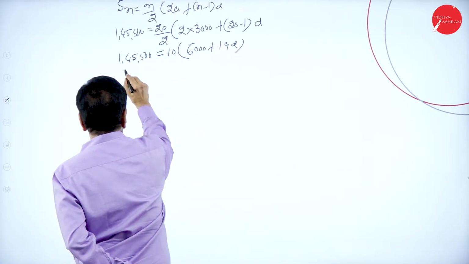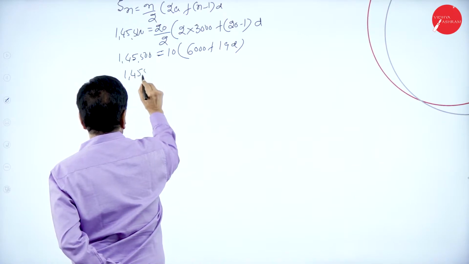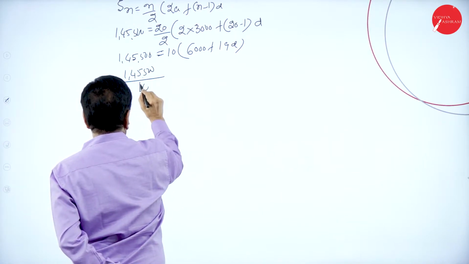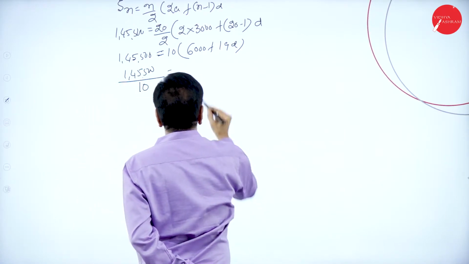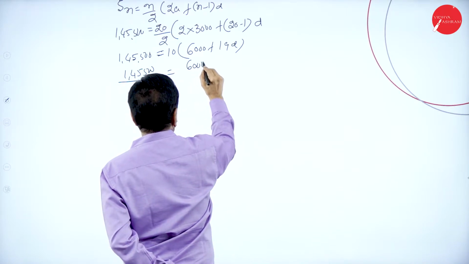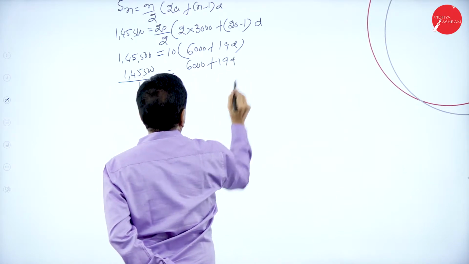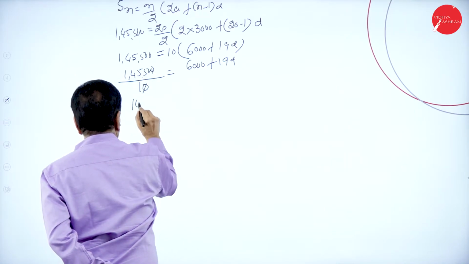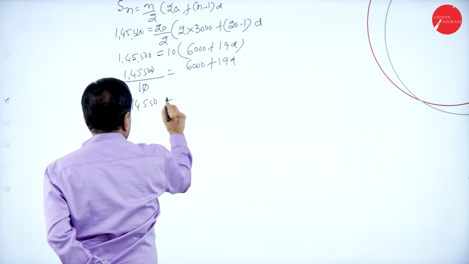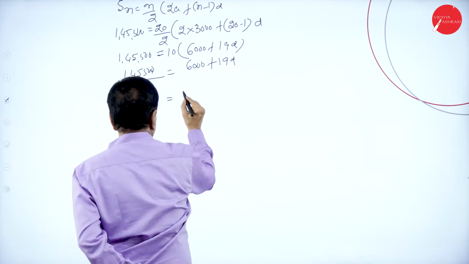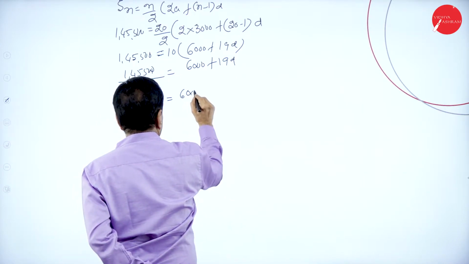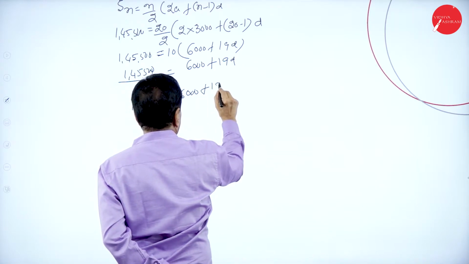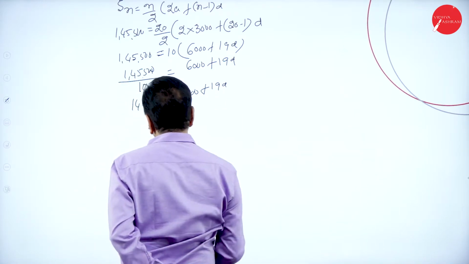Simplify. 1,45,500 divided by 10 is equal to 6,000 plus 19D. Cancel the 0. 14,550 is equal to 6,000 plus 19D.